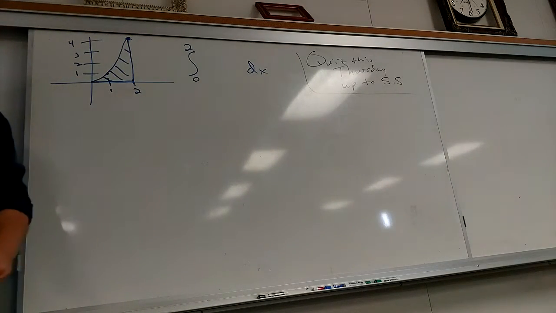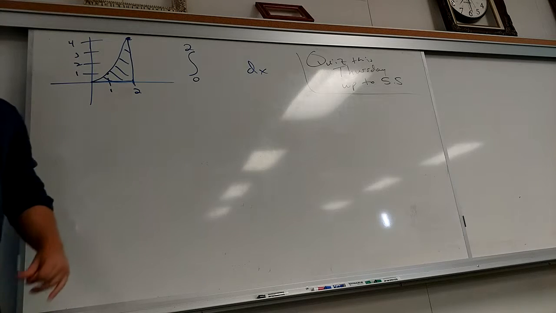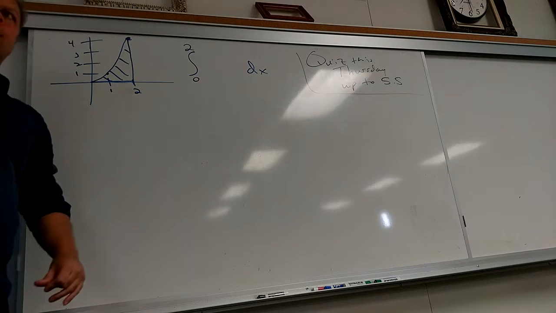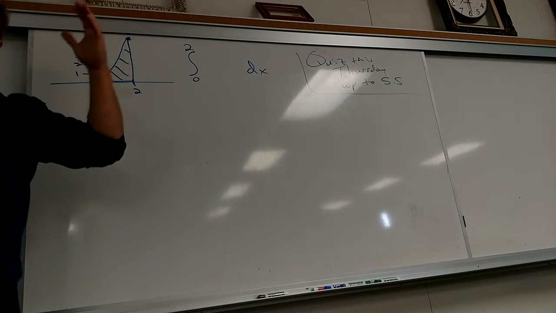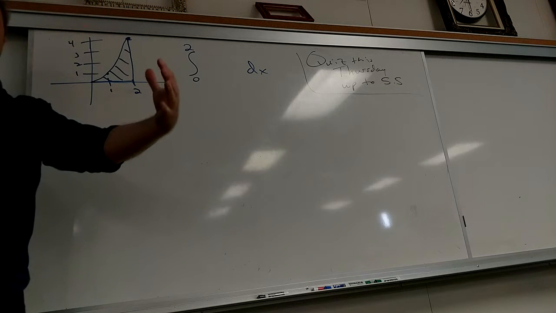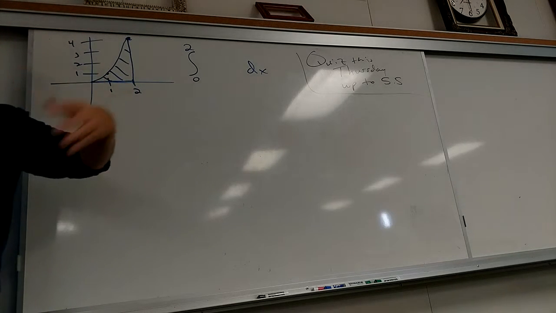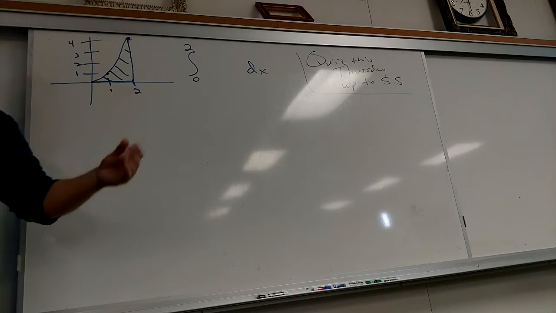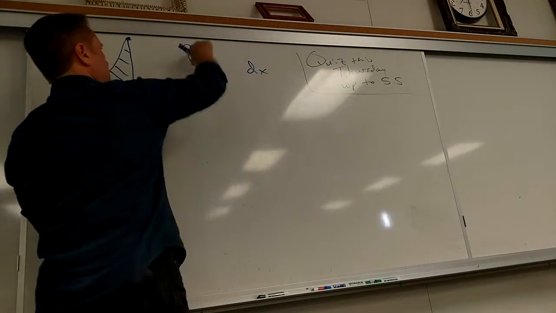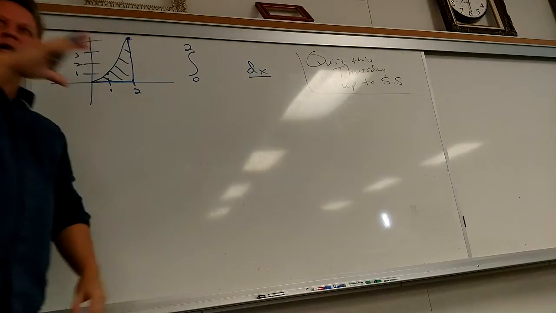Here's something really important to get used to. Now that we have the basic idea of what this symbol means, we're going to get more technical about how to interpret it because we're going to start to do more and more with it. So we haven't had to say what I'm about to say before. 0 to 2 is what x does, and I sort of hinted at that before.